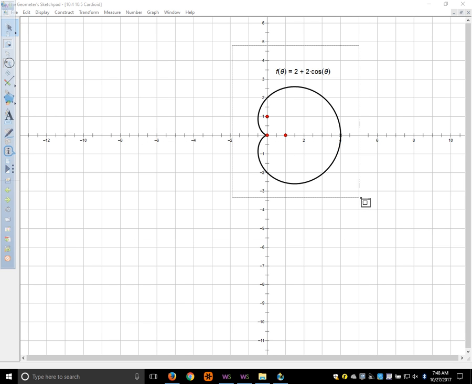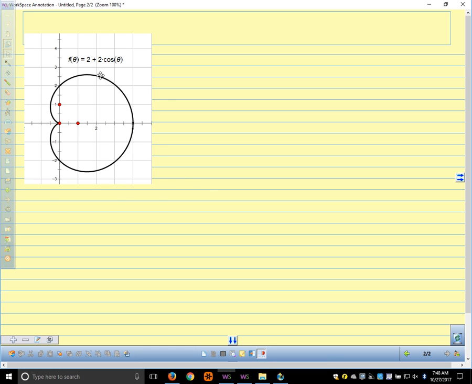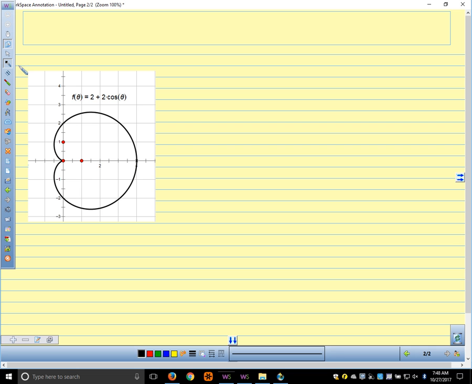We want to find the area enclosed by this nice cardioid, the same one we talked about yesterday.